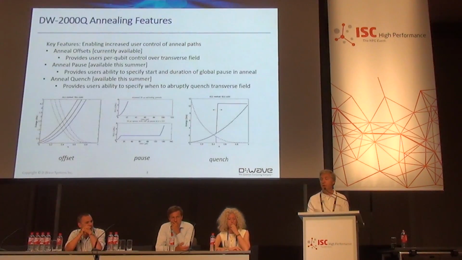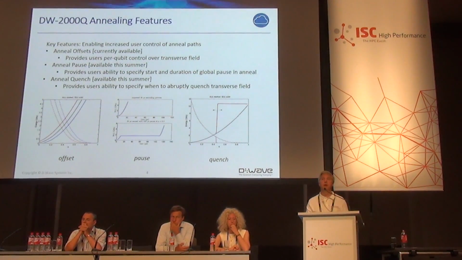But what I want to introduce is some advanced new features in our annealing control that we've introduced and are continuing to introduce over the course of this year. I'll roughly call them anneal offset, anneal pause, and anneal quench. So what these mean, I'll take them one at a time.